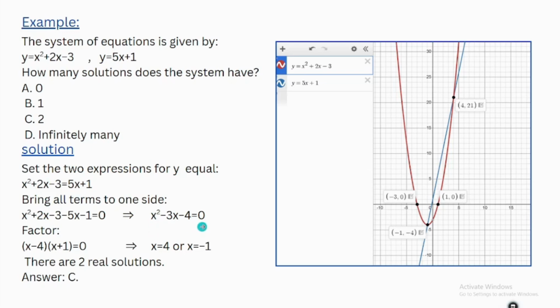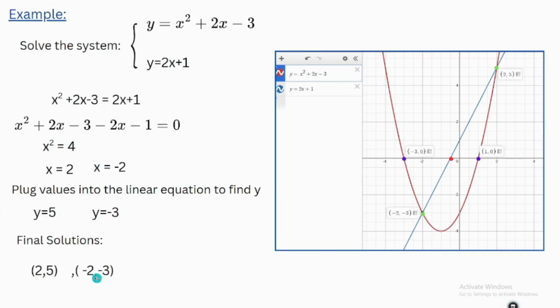We will factor this quadratic equation to find that x equal 4 and x equal -1. Is x equal 4 and x equal -1 the intersection point? No. It's the x coordinate of the point. We have to get a point.